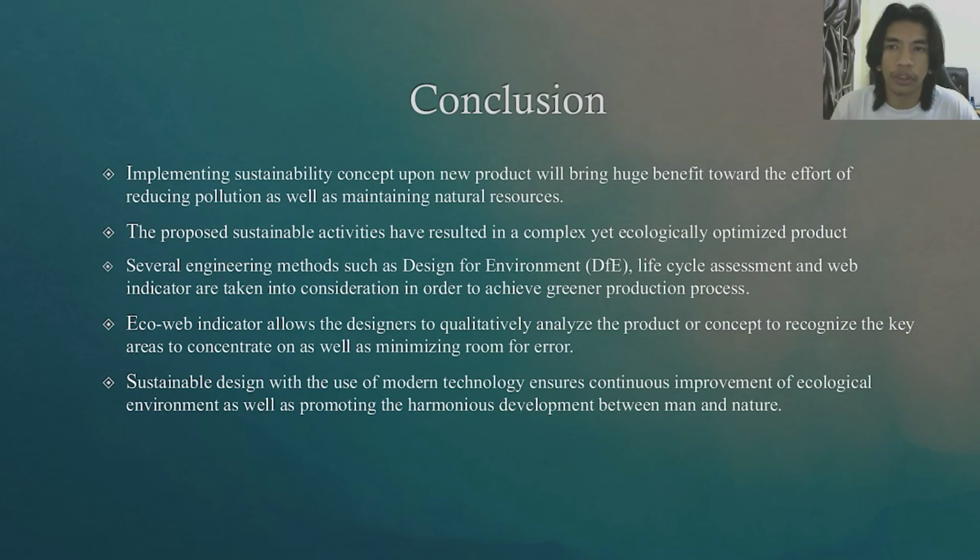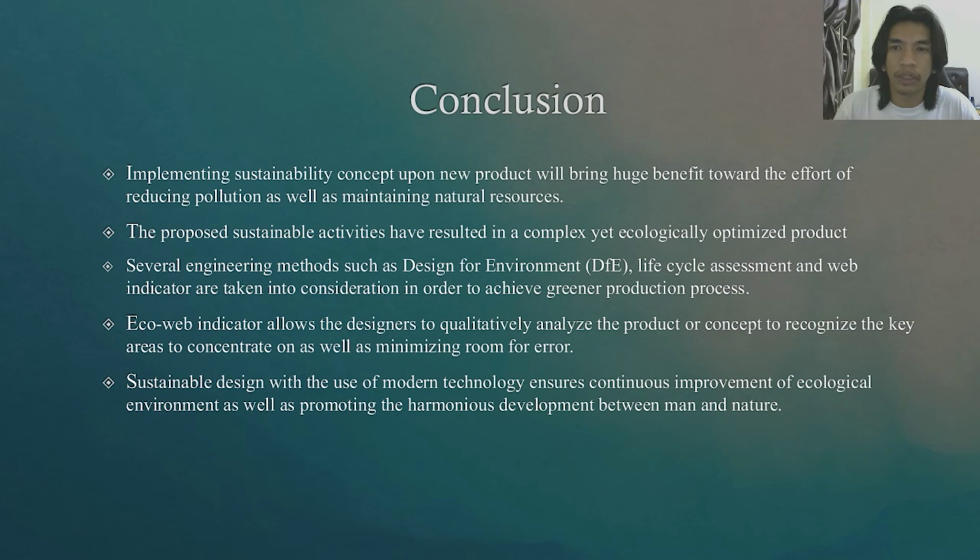Lastly, for the conclusion, implementing sustainability concepts in a new product will bring huge benefit toward the effort of reducing pollution as well as maintaining natural resources. The proposed sustainable activity has resulted in a complex yet ecologically optimized product. Several engineering methods such as design for environment, life cycle assessment and eco web indicator are taken into consideration in order to achieve a greener production process.